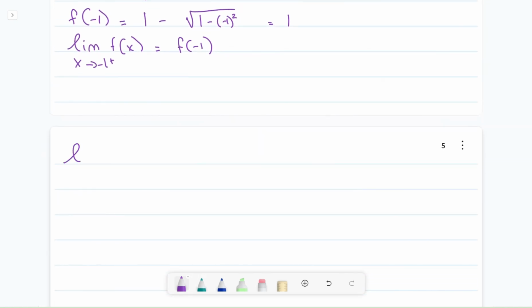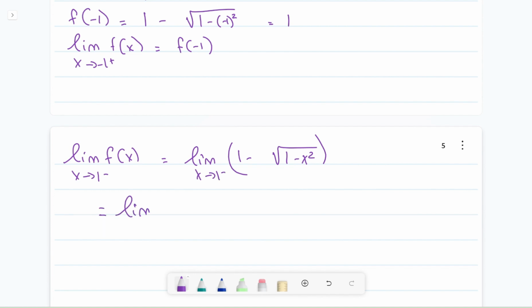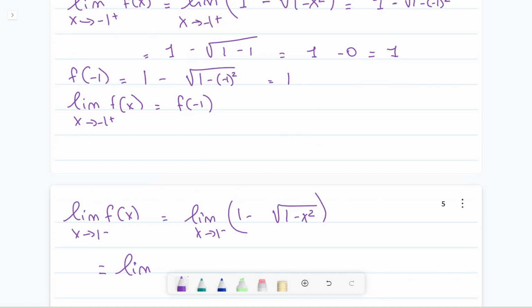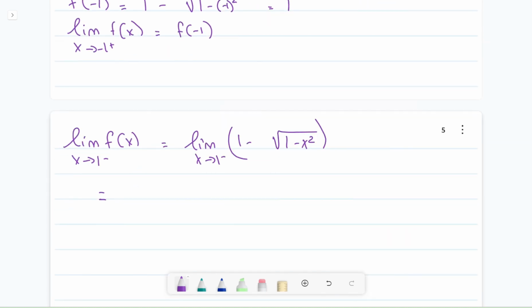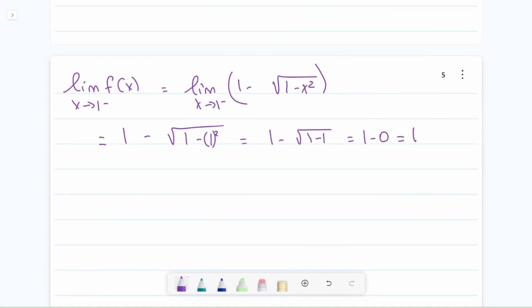Let's deal with the right endpoint. The limit of f of x as x approaches 1 from the left is equal to the limit of 1 minus the square root of 1 minus x squared as x approaches 1 from the left. Actually, we can plug in now to see what we get. It gives us 1 minus the square root of 1 minus 1 squared, which is equal to 1 minus the square root of 1 minus 1, which is equal to 1 minus 0, which is 1, and this is our answer.